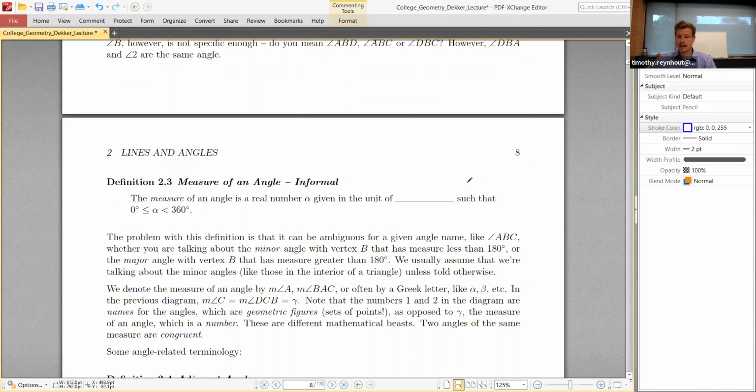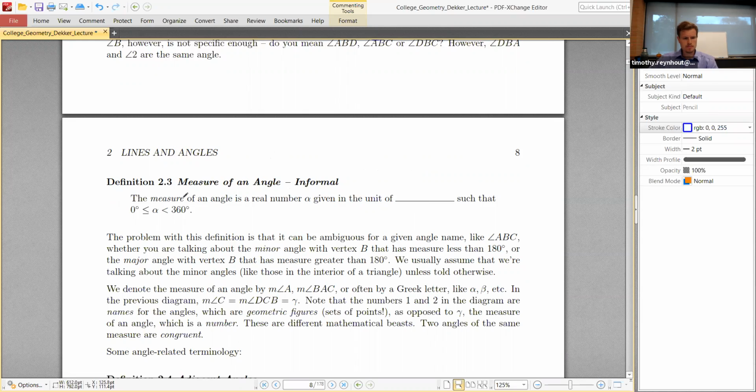All right. So we've talked about what an angle is. Again, an angle is a pair of rays or a pair of lines that have a common endpoint called the vertex. So that's different from an angle measure, which is a number assigned to an angle.